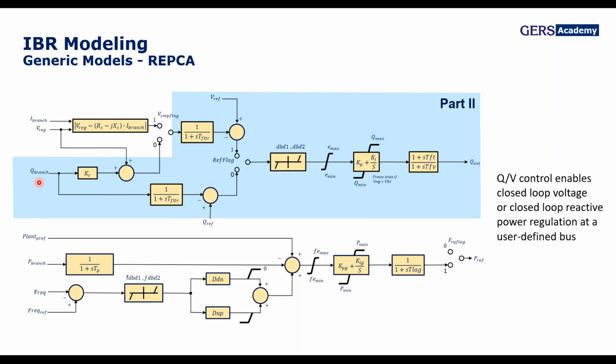The other strategy here is to only have a reactive power control, so you just capture the reactive measurement on the transmission line, move through this control loop, and generate the reference for the reactive power.